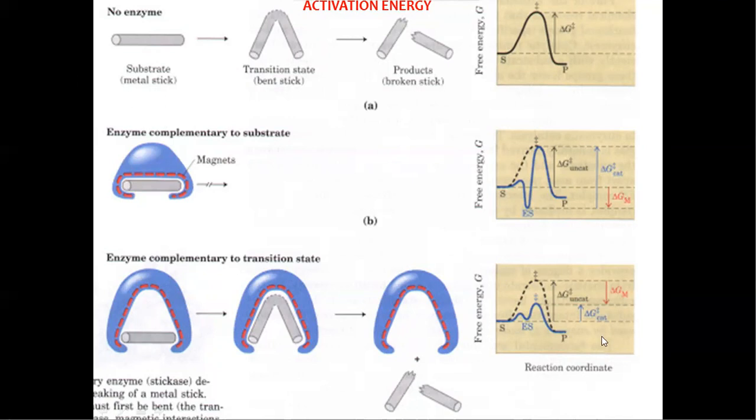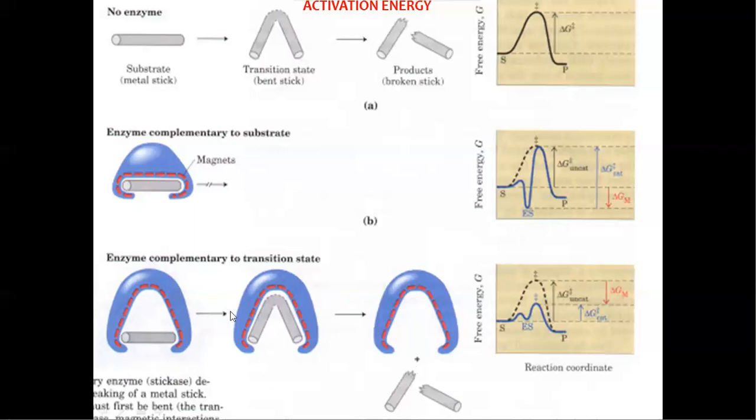But in the third case, the activation energy is very less compared with these two graphs. Why? Because here the enzyme is not complementary to the substrate initially. At the transition state, the substrate will be attaching completely, and this enzyme will be forcing some strain on these substrates and converting them into products.